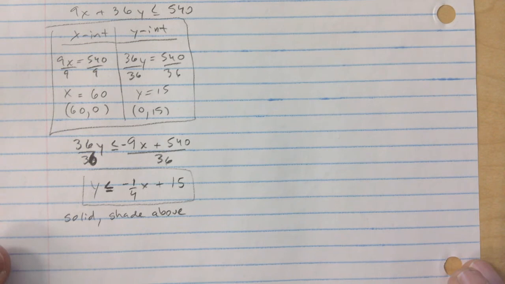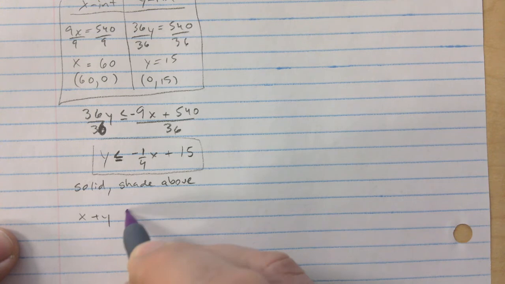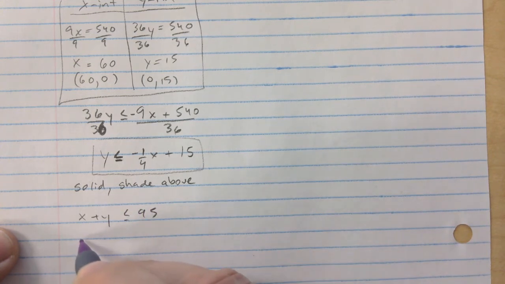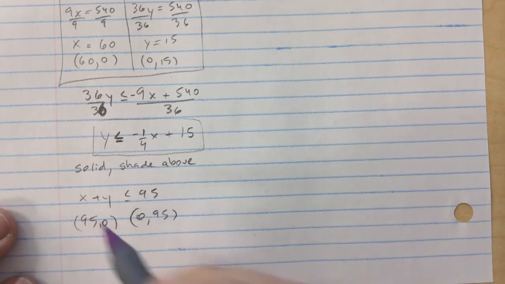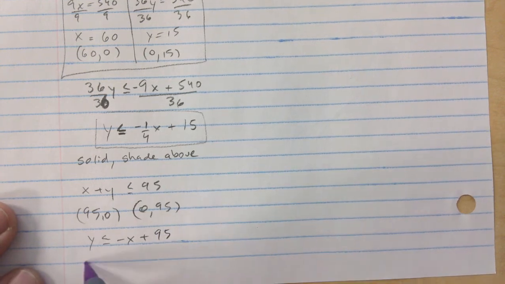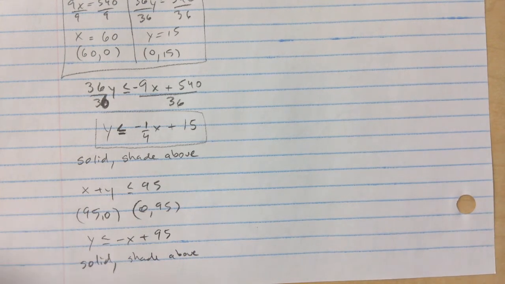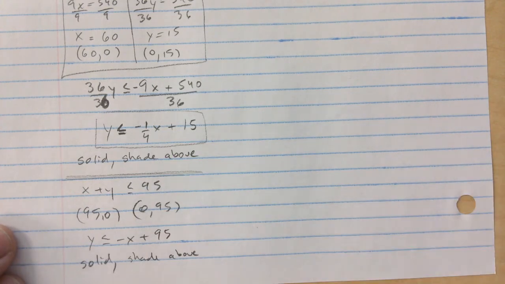And the other one, I think I can do this right underneath. We're just going to go 95, 0, 0, 95. And we don't need to do the whole thing because this is one of the easiest ones that you will get. Plus 95 like that. Solid, shade above. So I kind of separate these two.